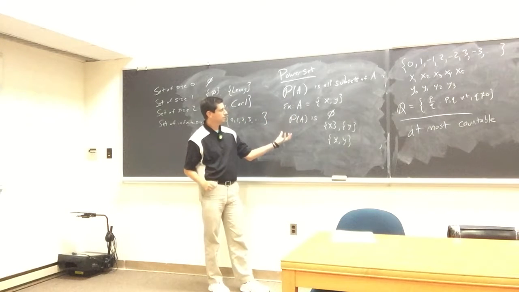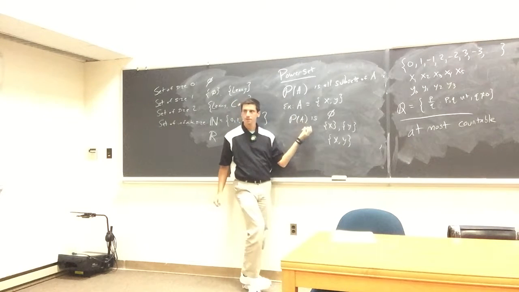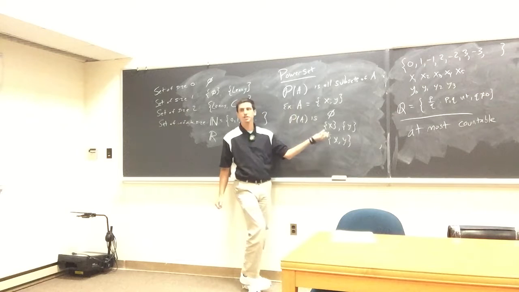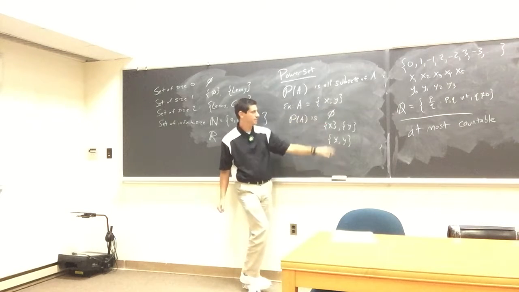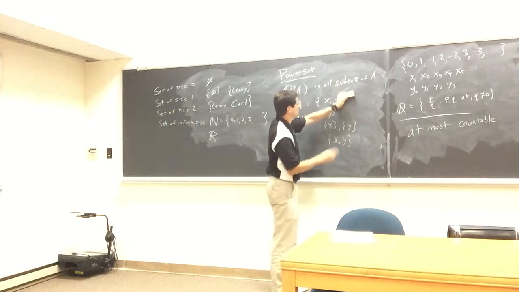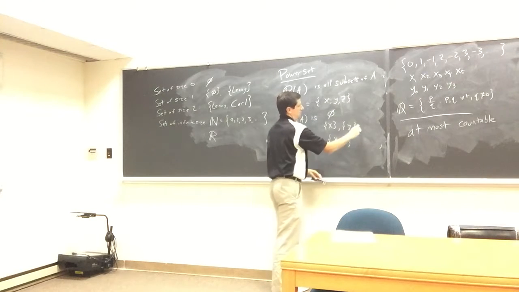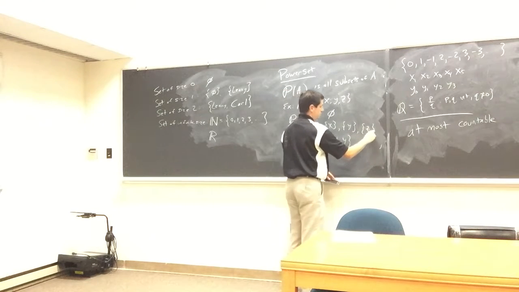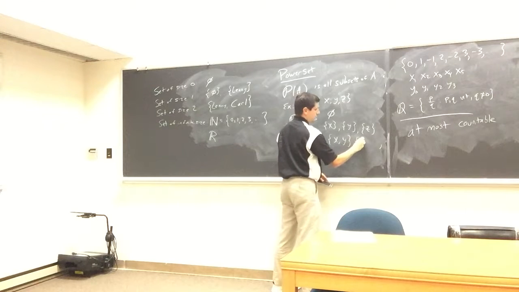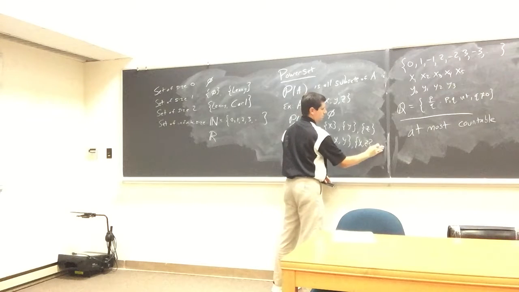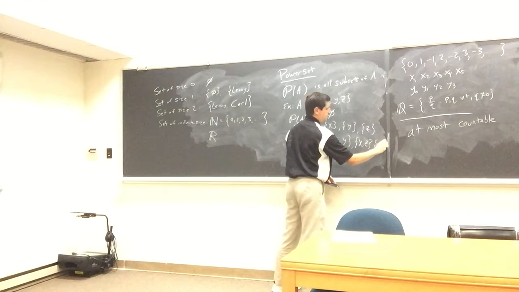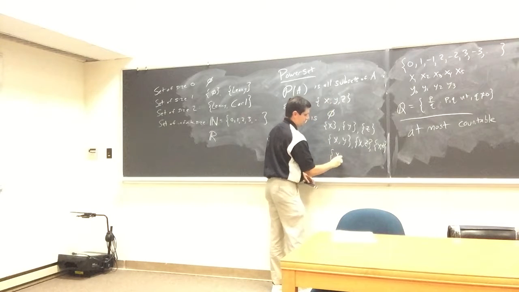And so what we see here is that if my set had 2 elements, the power set has 2 squared. If I had 3 elements, x, y, z, I would have to add a z here. I would have xy, xz, yz, and then xyz.